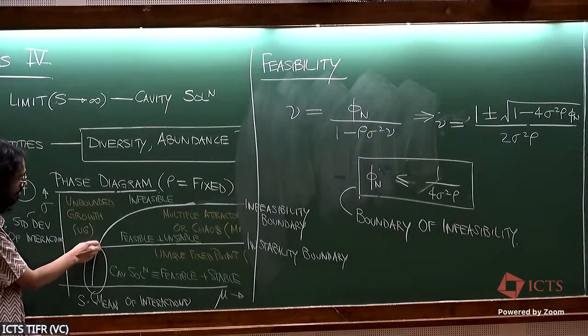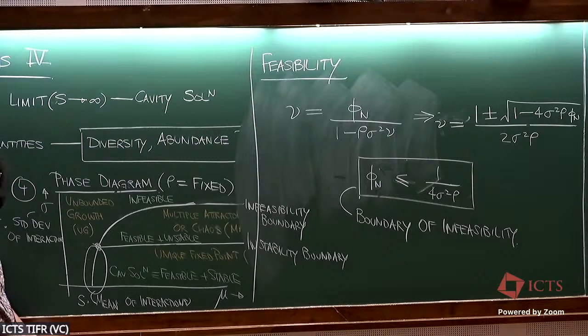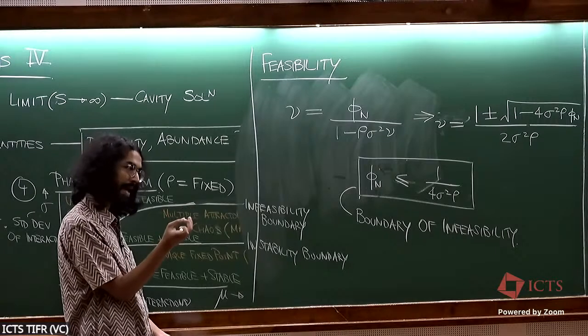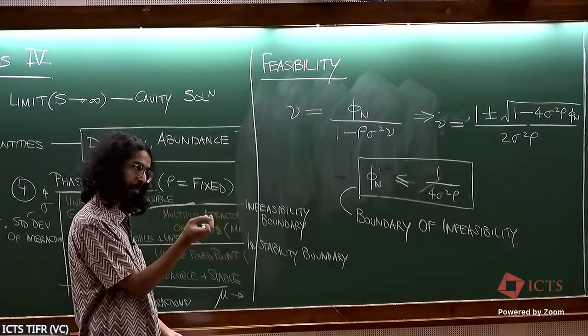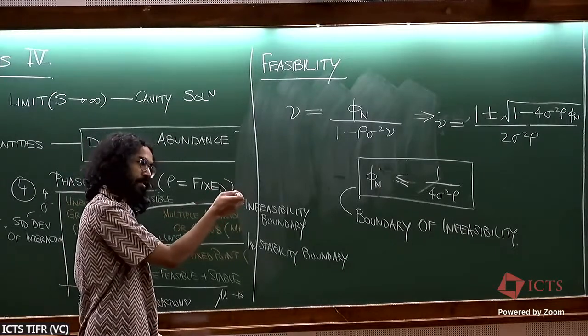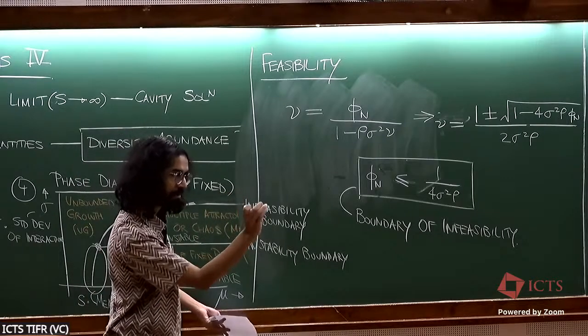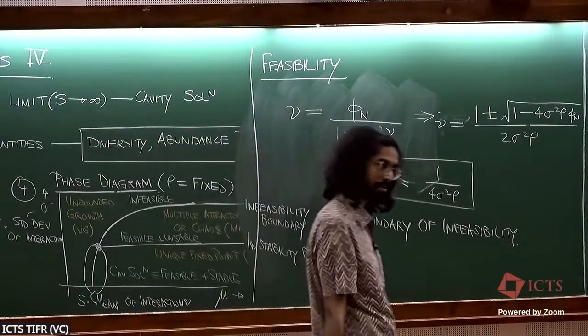This over here is a triple point. At that point, the system is critically poised. You pack the system just enough. If you pack any more, you'll become infeasible. Or if you change something a little bit the other way, you'll also become unstable.